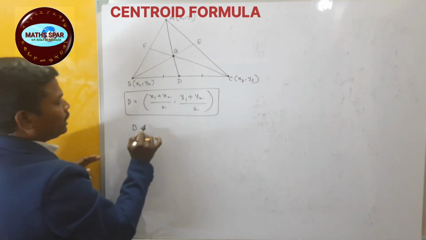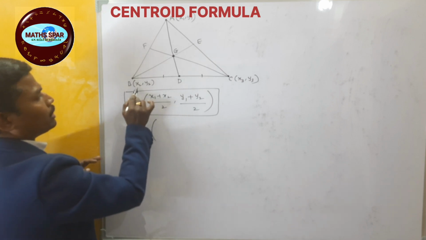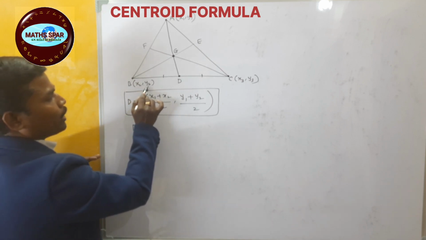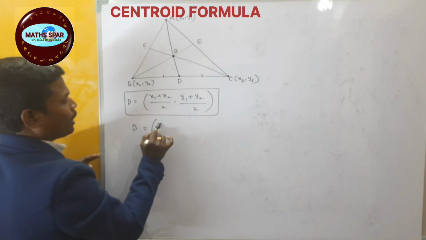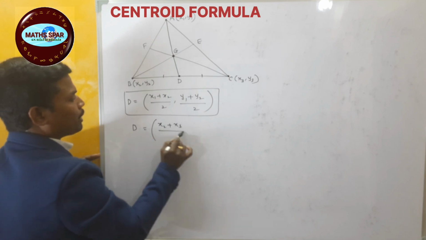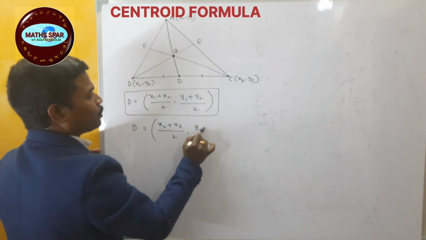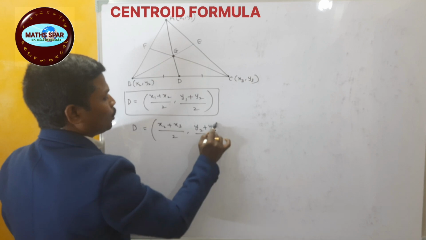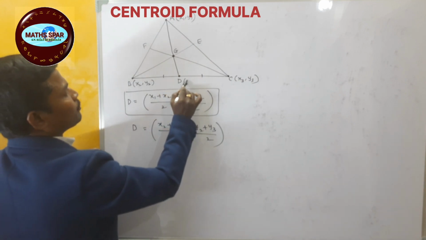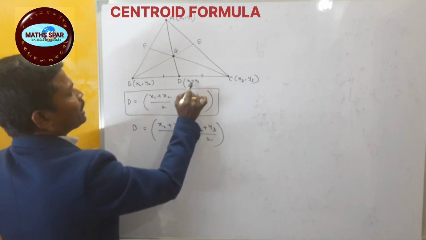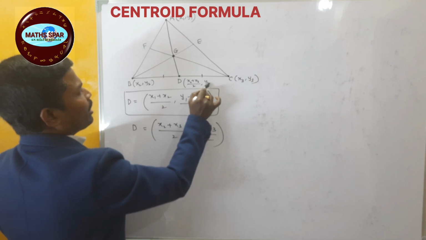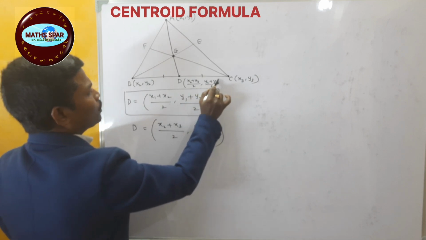So here what is D? Here this is considered as x1, y1, x2, y2. So the point is (x2 plus x3 by 2, y2 plus y3 by 2).